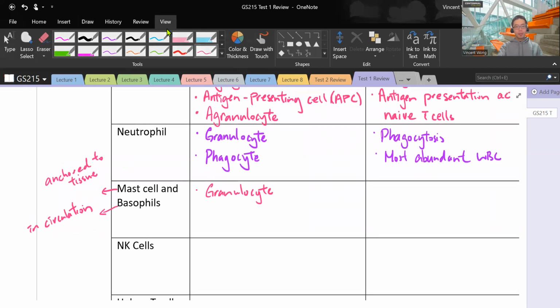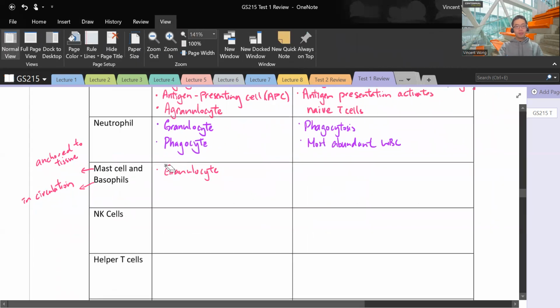And you probably remember what kind of chemicals are in the granules of mast cells and basophils, right? They trigger inflammation by releasing histamine.